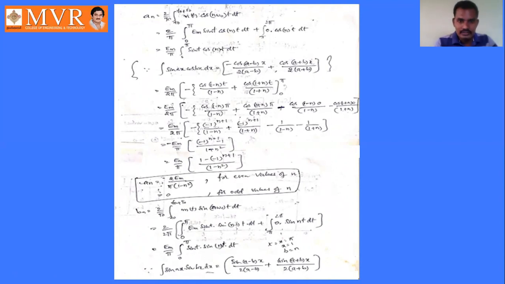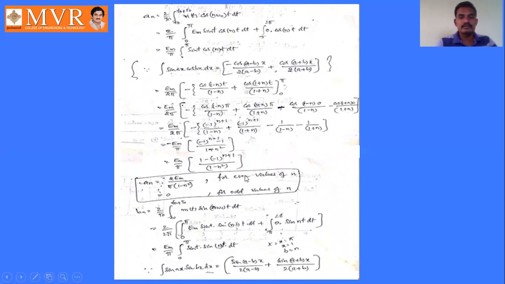So our given expression is also in the form of this formula. By substituting these values, we can get an value is Em by pi into 1 minus minus 1 whole power n plus 1 by 1 minus n square. For even values of n, like if n is 0, then it will become 2Em by pi into 1 minus n square.